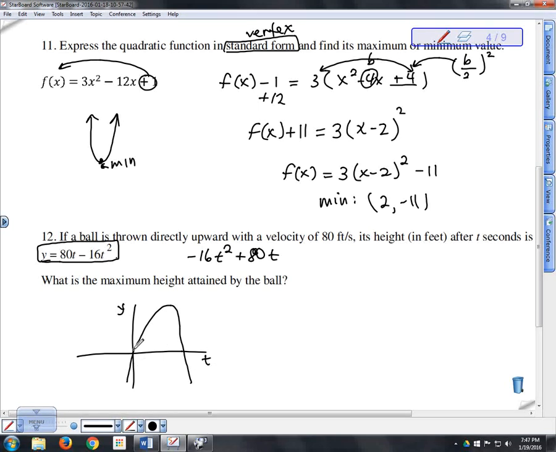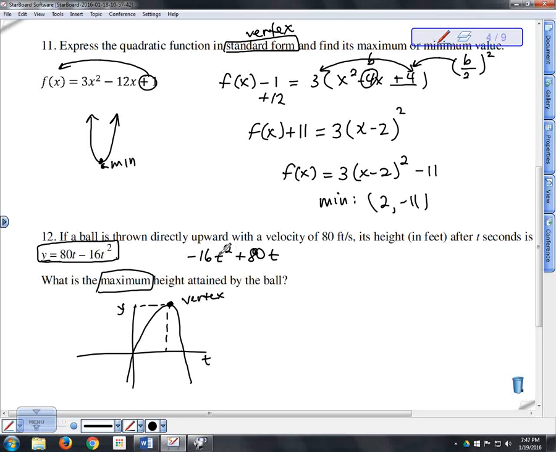So this right here is the point we're looking for. This is just a vertex. And like was explained in class, the maximum, that should be a key word here, letting you know that all you're doing here is finding a vertex.